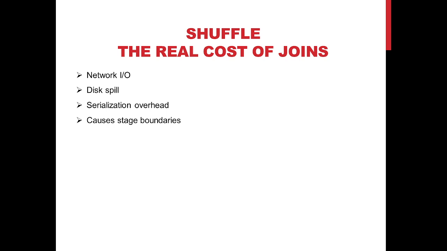Whenever you shuffle, three things happen: network input output, because data moves across machines; disk spills, because data is written and read again; and waiting, because Spark must wait for the shuffle to finish. That's why shuffle is expensive. So reduce shuffle and your Spark jobs become faster.